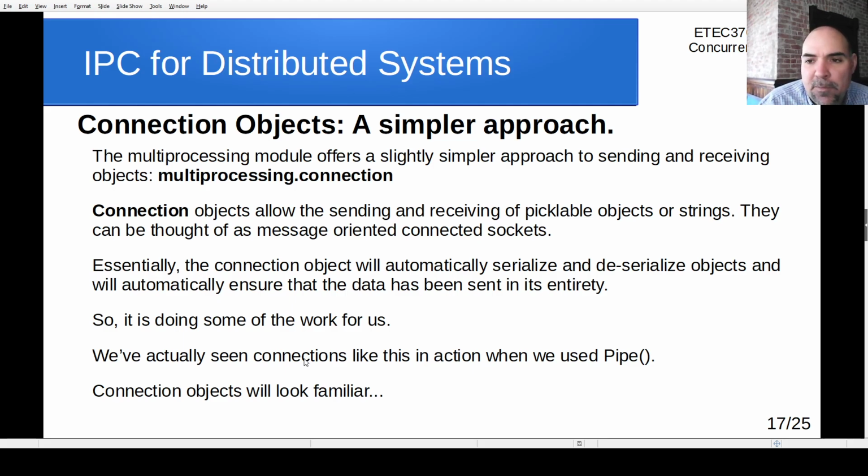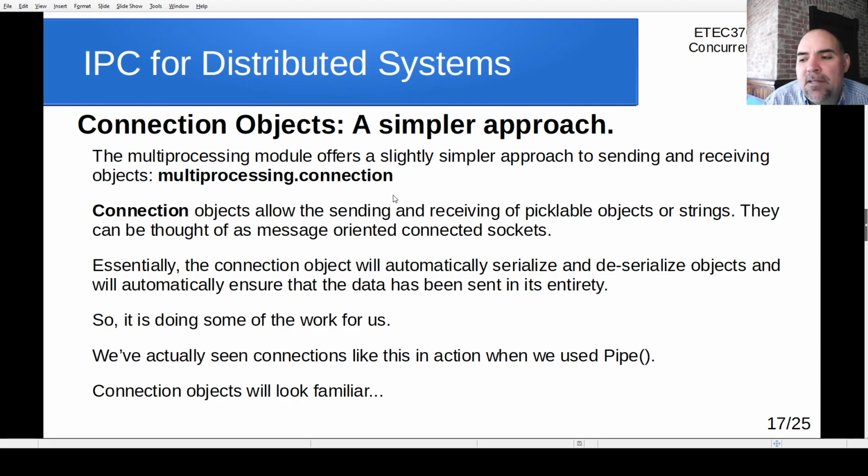Now, there is a simpler approach that's built for us inside of the multiprocessing module, which we've been using throughout the semester. The cool thing about this is it handles a lot of the complexity for us. It does the send and receive. It also handles the serialization and deserialization, so we don't have to worry about it. The connection object allows us to send and receive objects as long as they're pickleable.